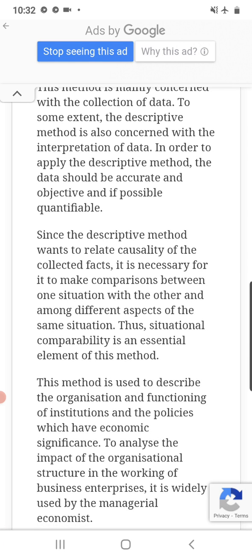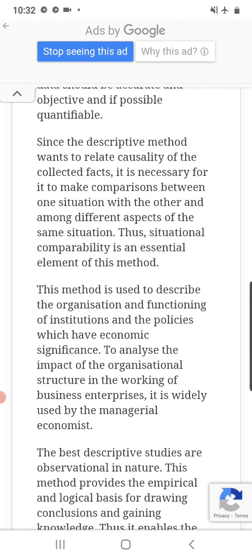The collected facts, it is necessary to make comparison between one situation with other and amongst the different aspects of the same situation. Thus the situation comparability is the essential element of its method. This method is used to describe the organization, functioning and the institution of the policy which have economic significance.